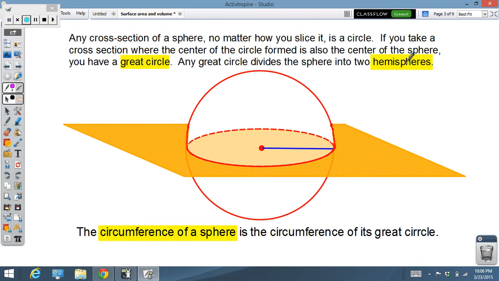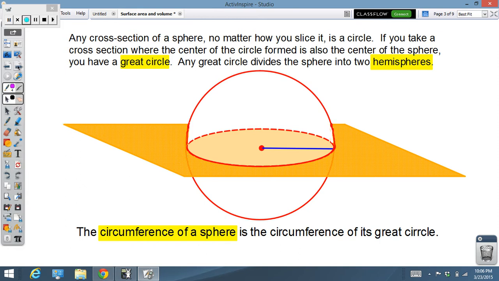Any great circle divides the sphere into 2 equal halves, 2 hemispheres. Also, the circumference of a great circle is what we call the circumference of the sphere. So the circumference of the sphere is the same as the circumference of one of its great circles. Nice typo right there, I'll have to remember to fix that.